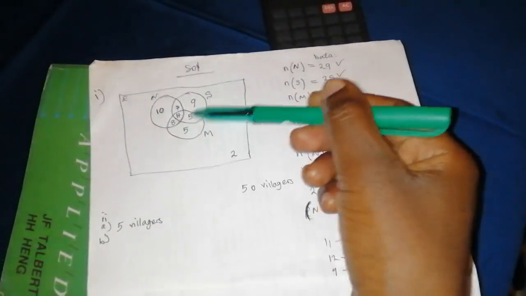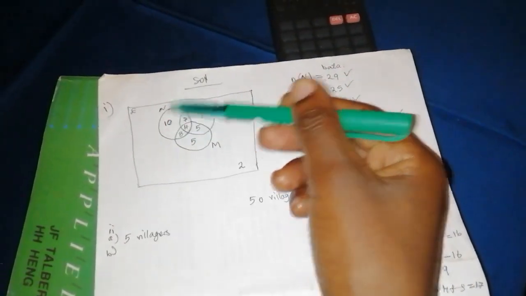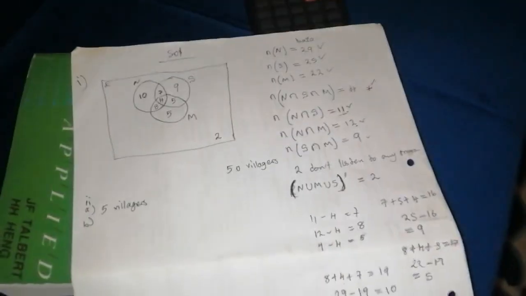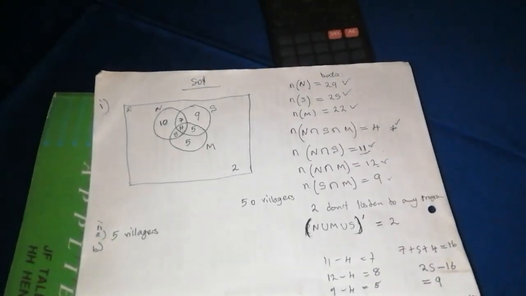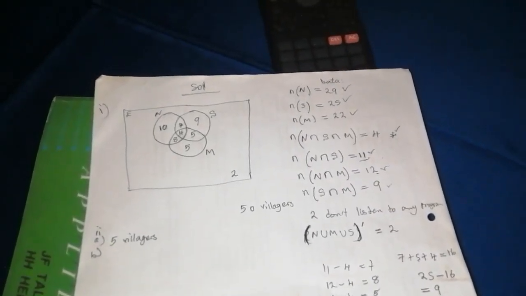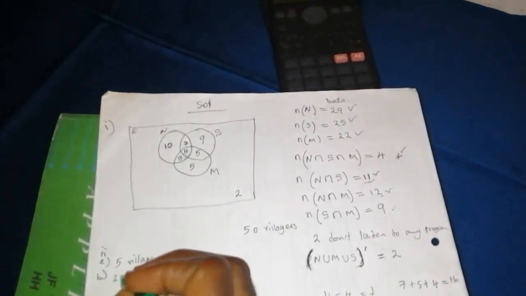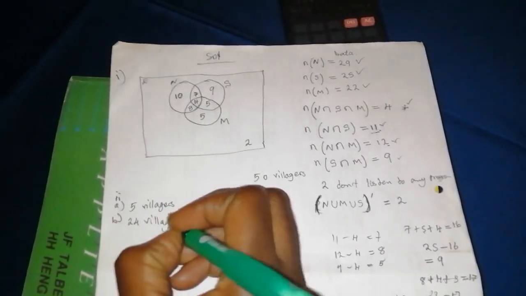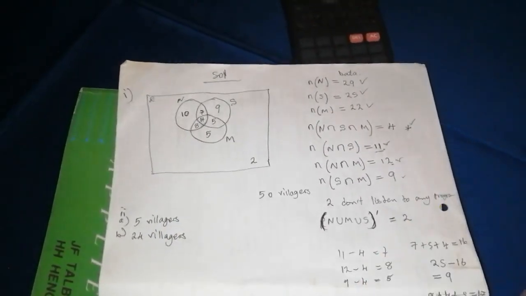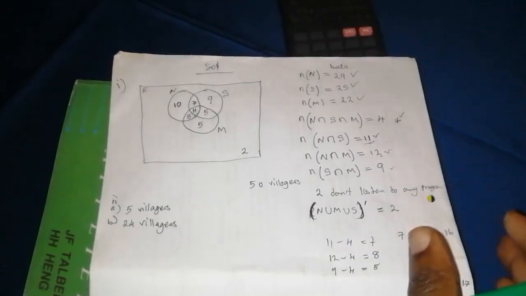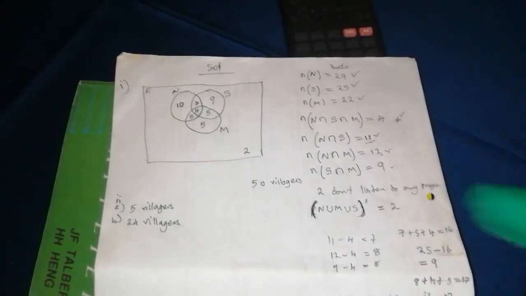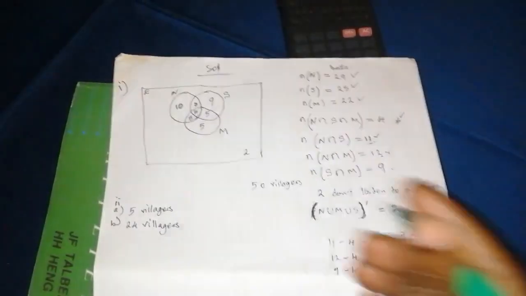So we need to add these: 10 plus 9 plus 5, and the answer is 24. 10 plus 9 is 19, 19 plus 5 is 24. So 24 villagers listen to one type of program only.